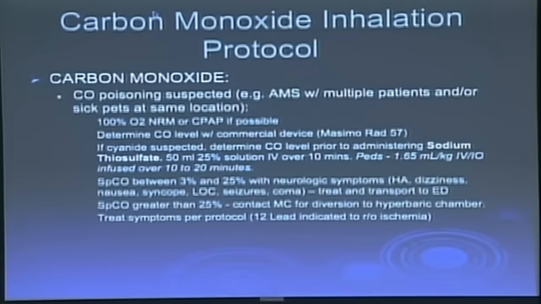Matter of fact, if you are a firefighter, after you clean up at a fire, you're supposed to check your CO levels. And if you have a CO level of up to 10%, you should be treated. And the fastest way to do that is just to use a CPAP with 100% O2 for about 30 minutes.